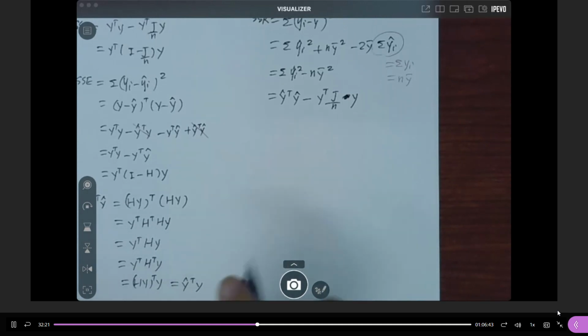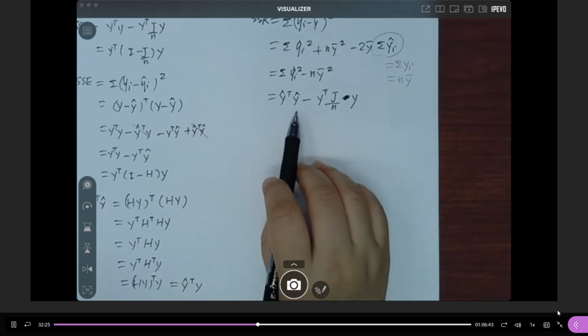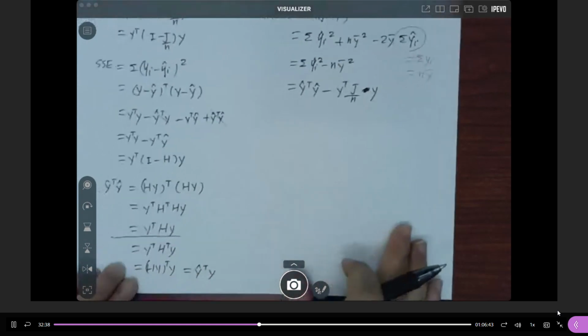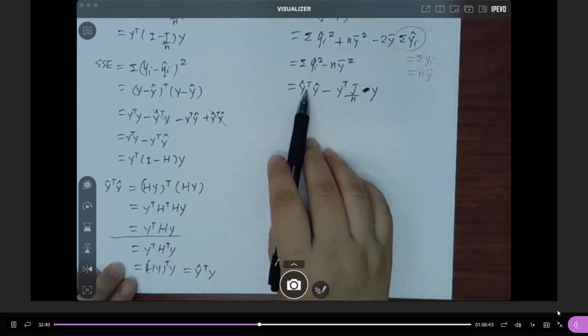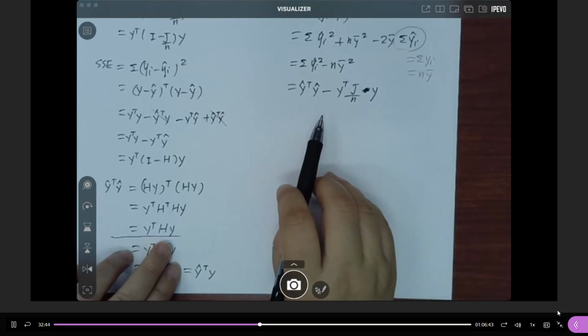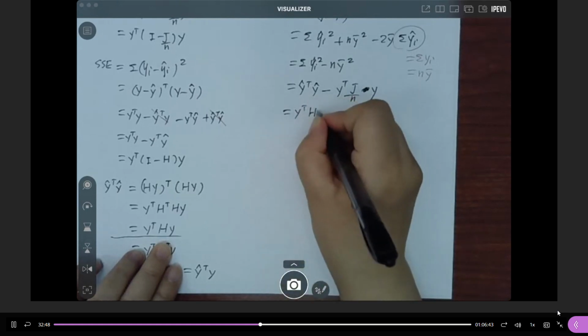And for the y hat transpose y hat here, you just use the intermediate result from before. Y hat transpose y hat is y transpose H y.